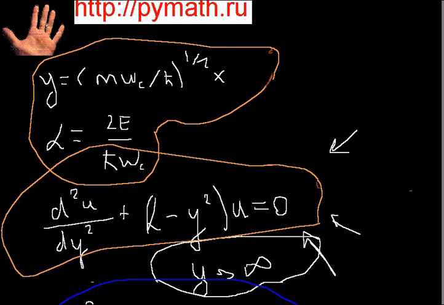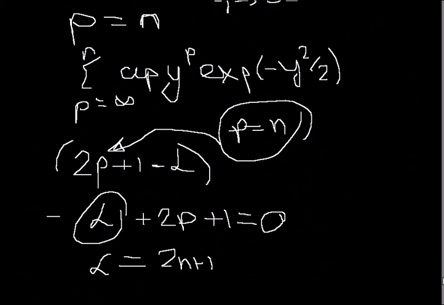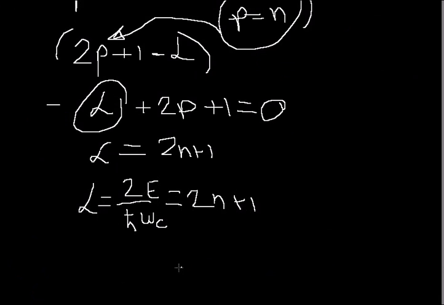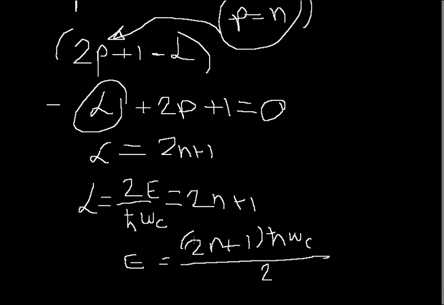It's 2 times energy divided by Planck constant and some frequency, so energy equals 2n plus 1 Planck constants omega divided by 2.